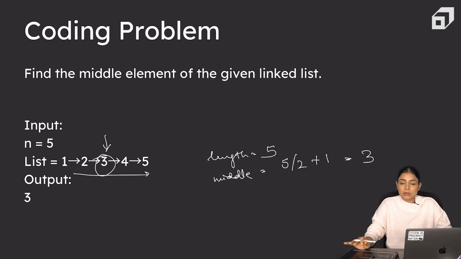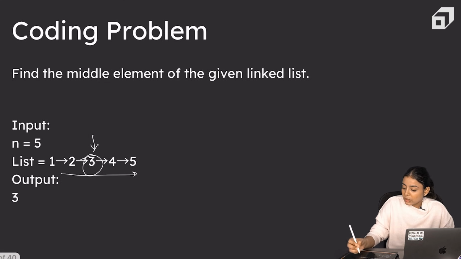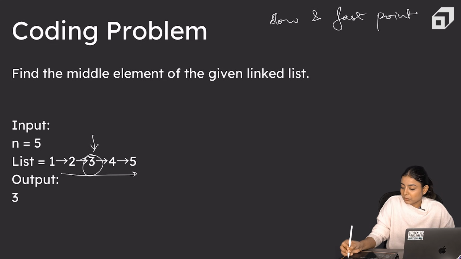This is of course a valid solution that we've just discussed, but there's another slightly more optimized solution to this question as well, and for that we follow the approach of slow and fast pointer.